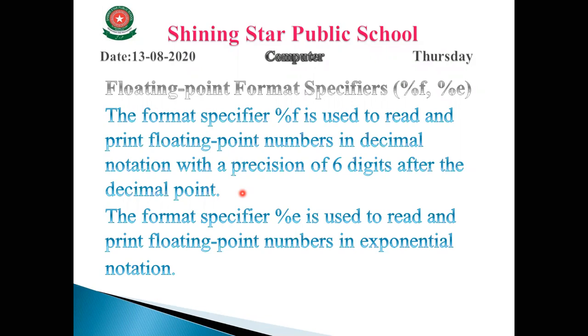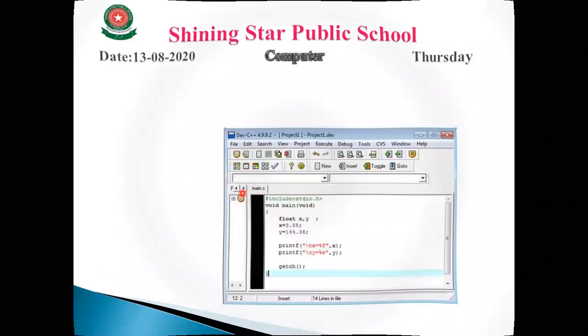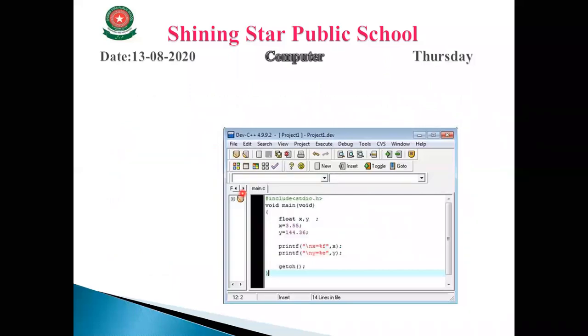Okay, so let's take an example of this format specifier. The example is float x, y. It means x and y are two variables and we have to store the values in x and y. So we can write x equal to 3.55, y equal to 144.36.